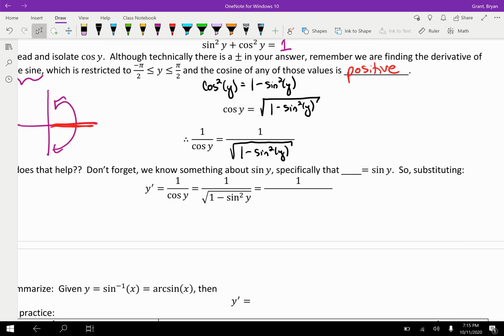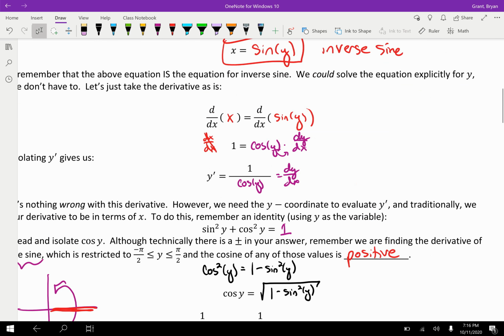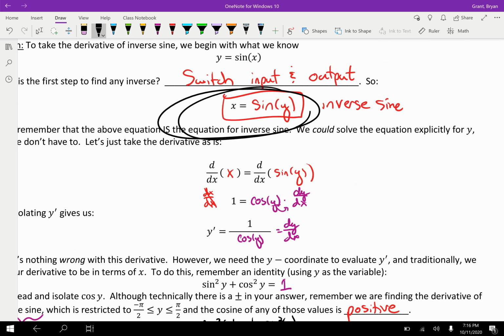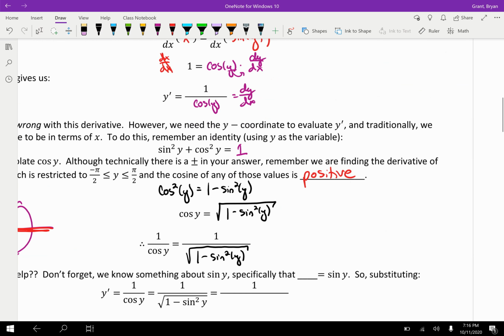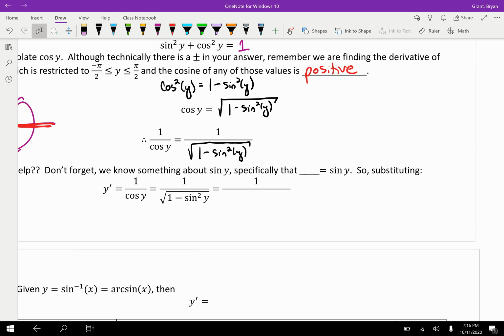Well, don't forget, we know something about sine of y. In particular, didn't we learn up here that x is equal to the sine of y? So why don't we go ahead then and replace sine of y, and please don't forget that sine squared of y really means sine of y squared.